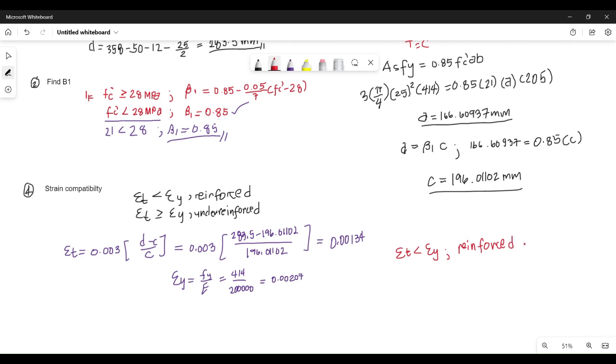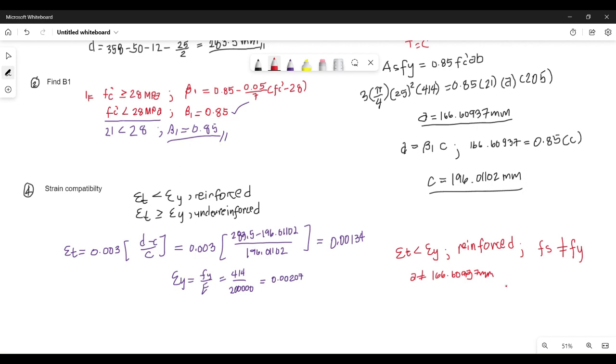So, ibig sabihin lang yan, kapag yung beam mo is under reinforced, conclusion natin dito, your Fs is not equal to Fy. Okay. So ang ibig sabihin lang yan, your A is not equal to 166.6937 millimeter.